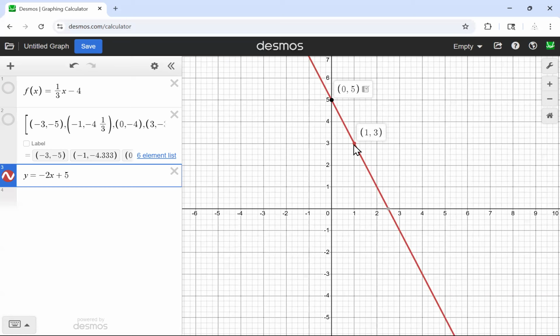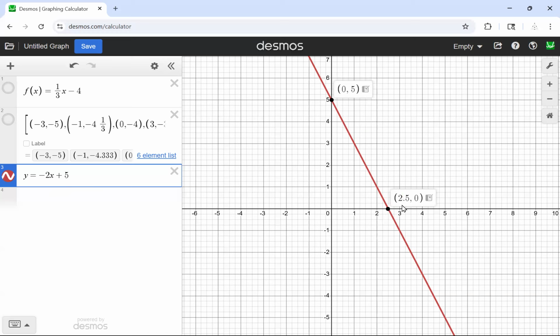One of the next points on that line is 1, 3. Notice to get from 0, 5 to 1, 3, we'd have to go down 2 units in the y direction and over 1. So -2 divided by 1 is a slope of -2. And the same thing is true if we took any other point.